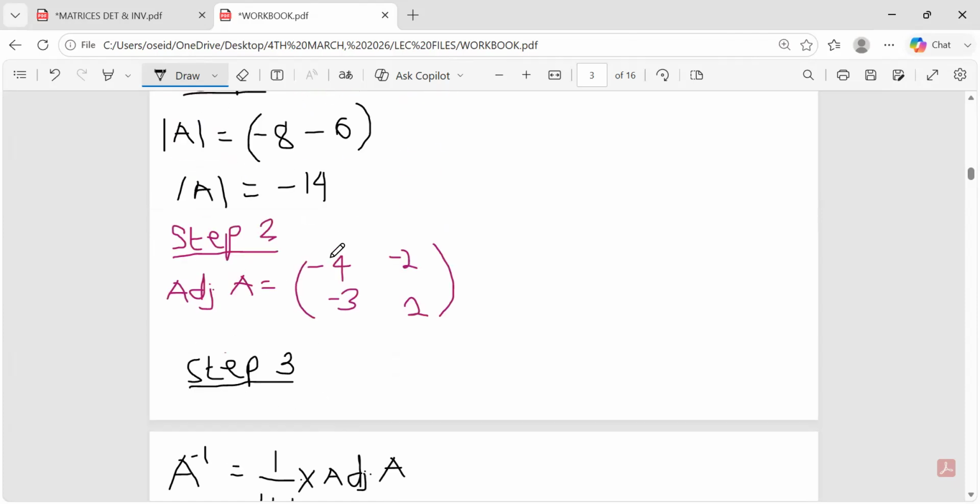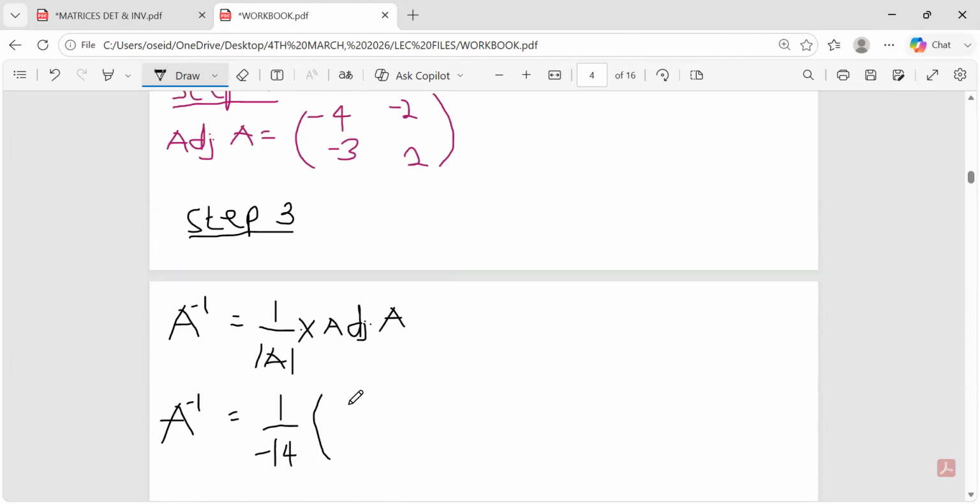Then the adjoint was negative 4, negative 2, negative 3, 2.